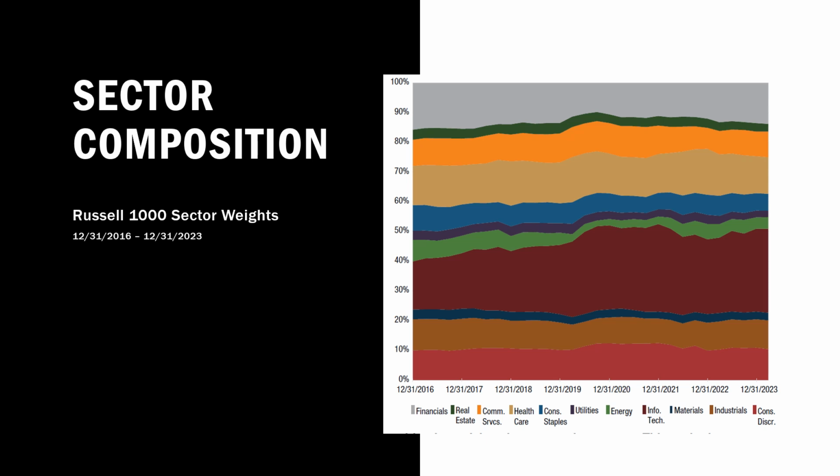But by and large, if you think about consumer discretionary, industrials, energy or communication, those weights over the 5-year period remained fairly consistent, suggesting that although markets ebbed and flowed over that 5-year period, if you simply bought an ETF tied to the Russell 1000, you had a pretty consistent sector exposure from early 2017 through the end of 2023.